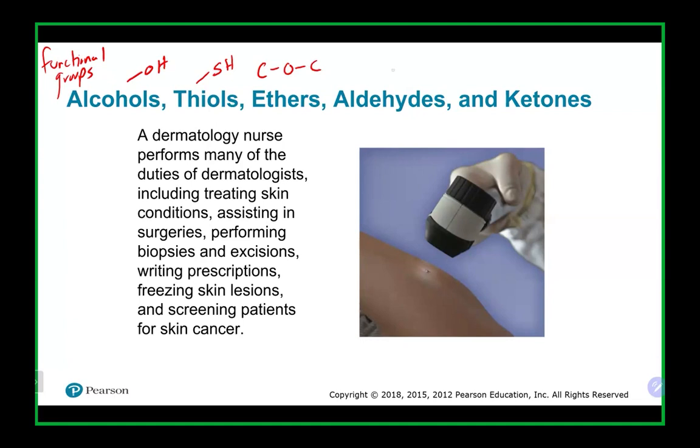Aldehydes have a carbon, oxygen double bond and an H. And ketones have a run of at least 3 carbons in a row, and the middle carbon has a carbon oxygen double bond. So these are the functional groups of each of these organic compounds. We're going to go through each of them individually in this chapter, and we'll talk about what's going on with each of these. But basically we're getting into some groups that have oxygen involved, a little bit of sulfur, with our functional groups.